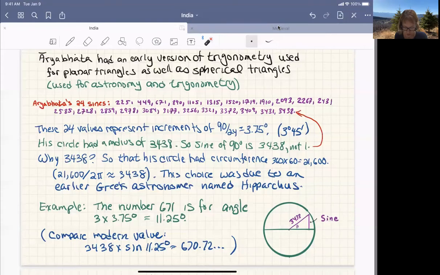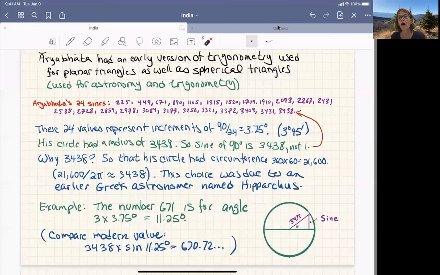And these 24 values represent increments of, so basically this goes from 0 to 90 degrees divided into 24 even increments. And so that means that each increment represents 90 divided by 24, or 3.75 degrees, or if you write it in degrees and minutes, it's 3 degrees and 45 minutes.